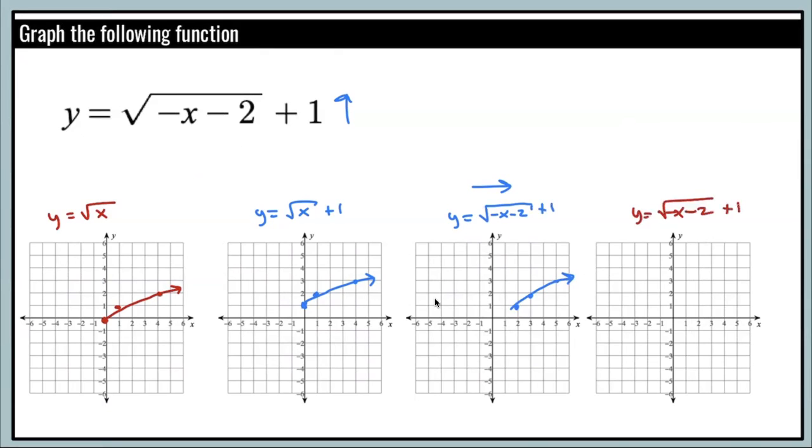So the negative means instead of being here, we're gonna go all the way over here. Right? Instead of being here, we're gonna go all the way over here. So everything is flipped this way. So our graph should look like this. Ta-da. And that's it.